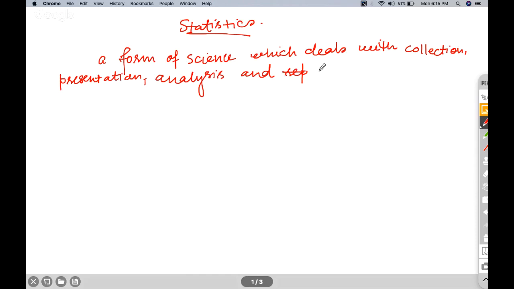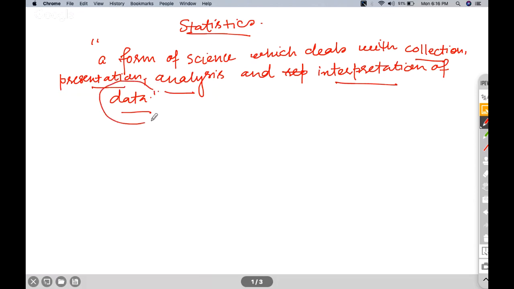Presentation I've already mentioned. So the important words in this particular definition are, first of all, collection, presentation, analysis, and interpretation, and then comes the word data.